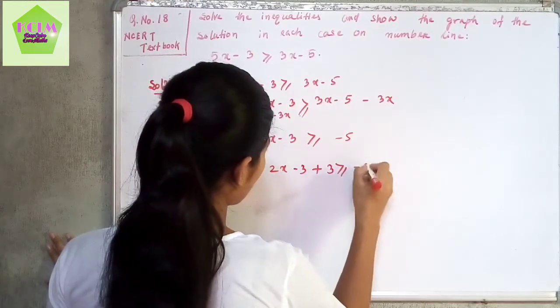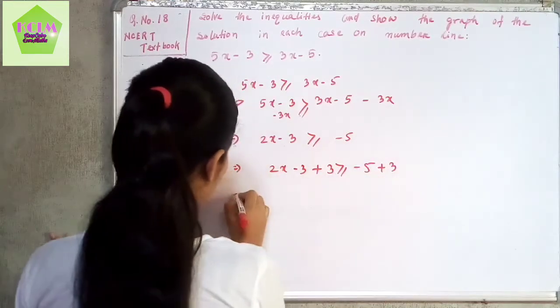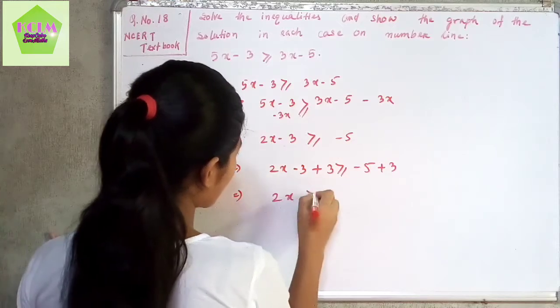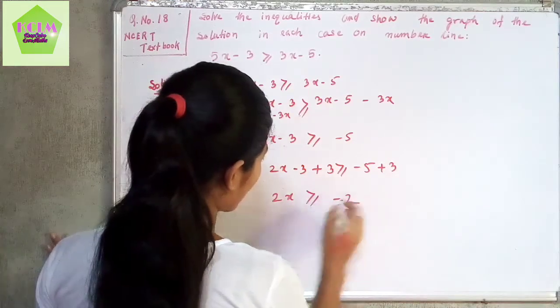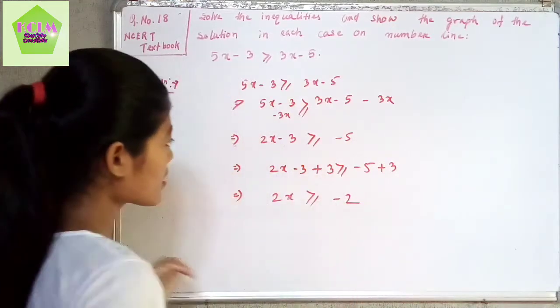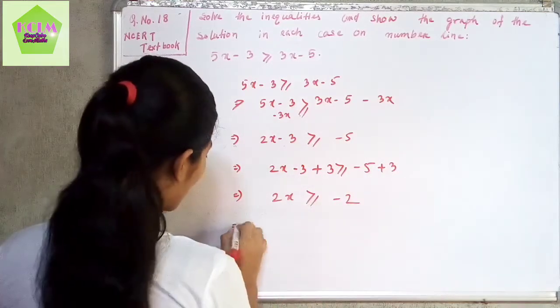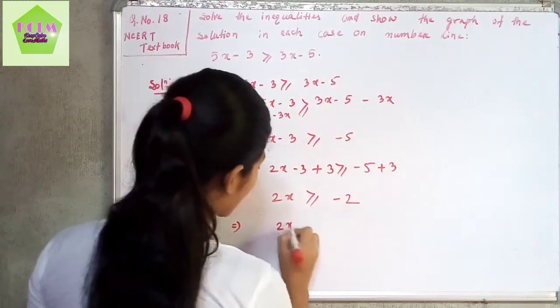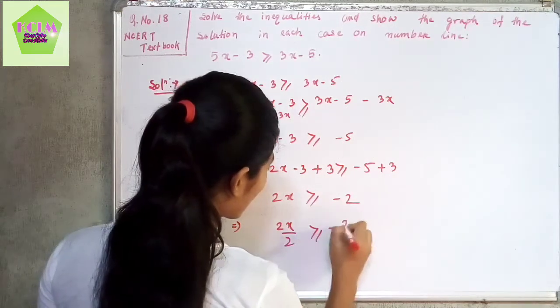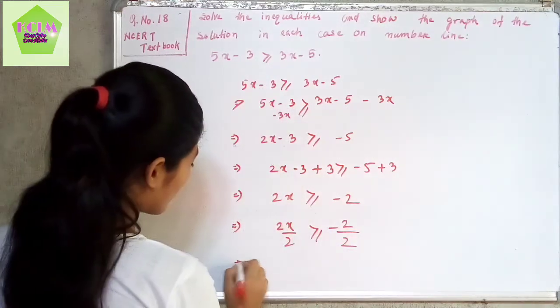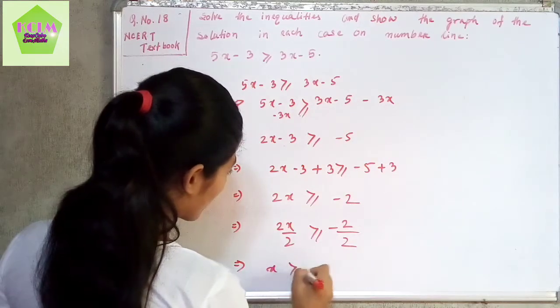Then 2x is greater than or equal to minus 2. Here these are cancelling out, and minus 5 plus 3 will be minus 2. Now 2x by 2 is greater than or equal to minus 2 by 2. It will be x greater than or equal to minus 1.